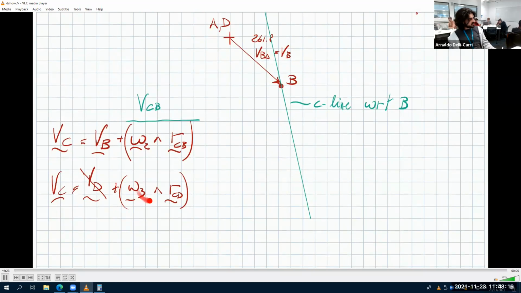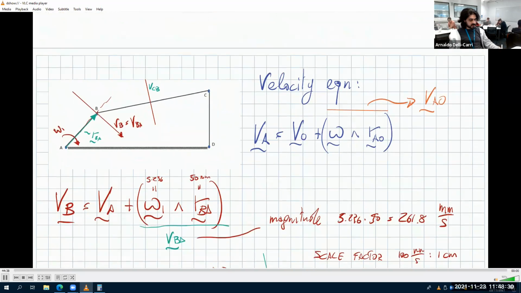And which direction is this vector? Well, it's perpendicular to omega 3, of which we don't know anything about, but we know that this is VCD, velocity of C with respect to D. And RCD is this vector here, with the point in C and the tail in D.